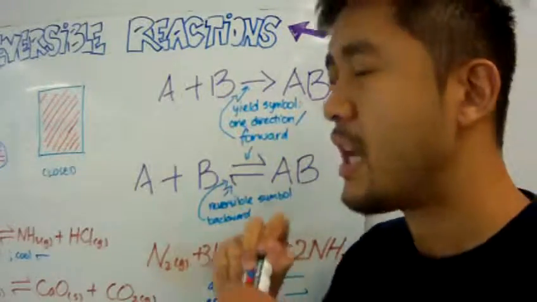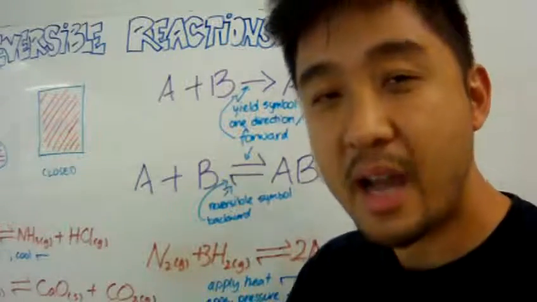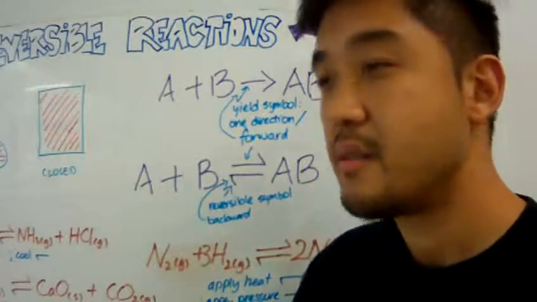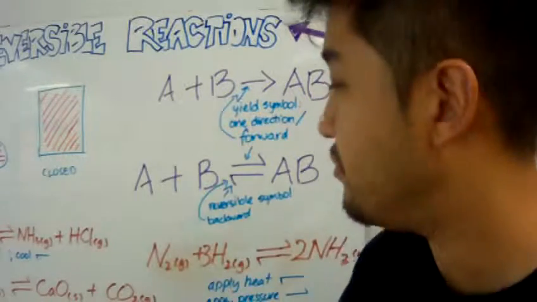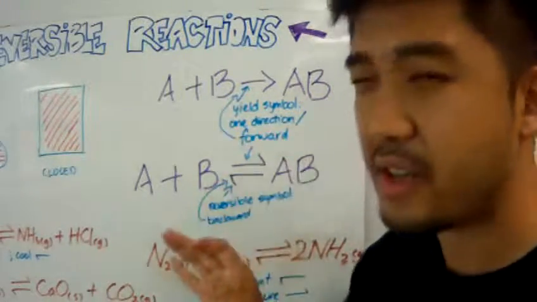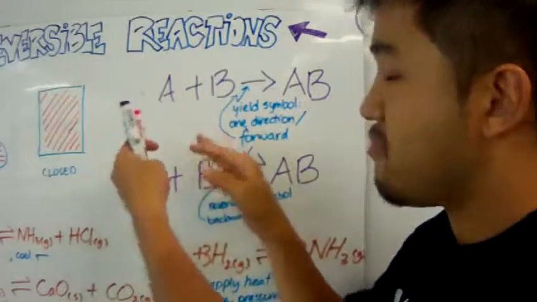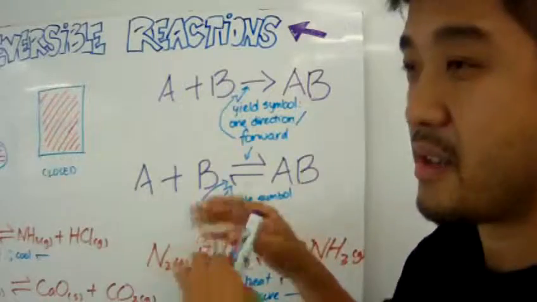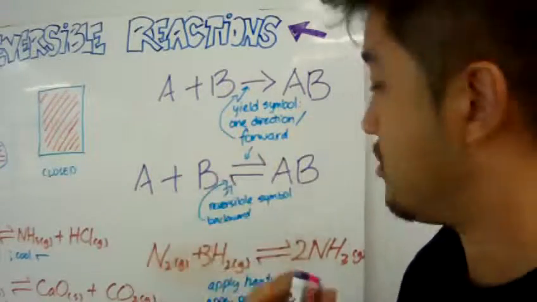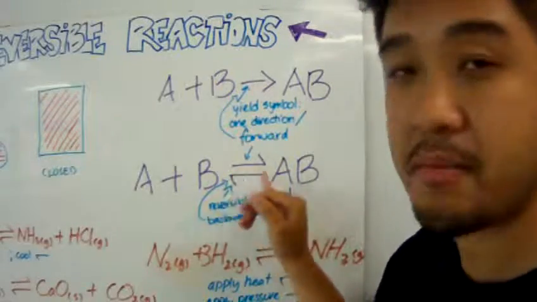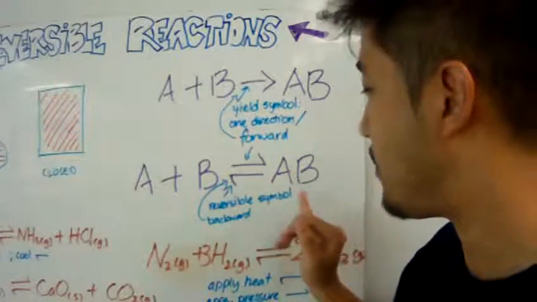But if chemists want to say that a reaction is reversible, no matter whether it's an open or closed system, though mostly it's a closed system, then they're going to write A plus B. These are the symbols to represent imaginary chemicals, all right? And you have this reversible symbol here to make AB.